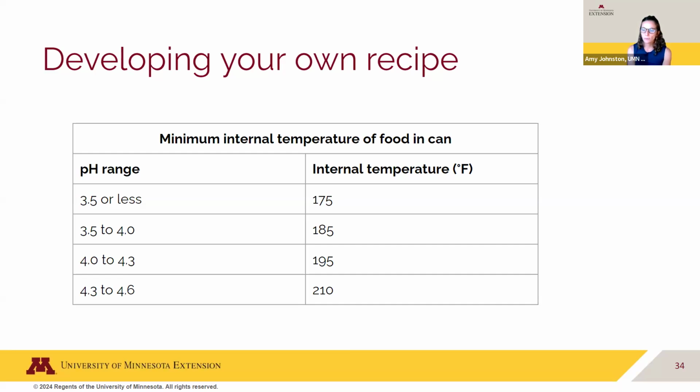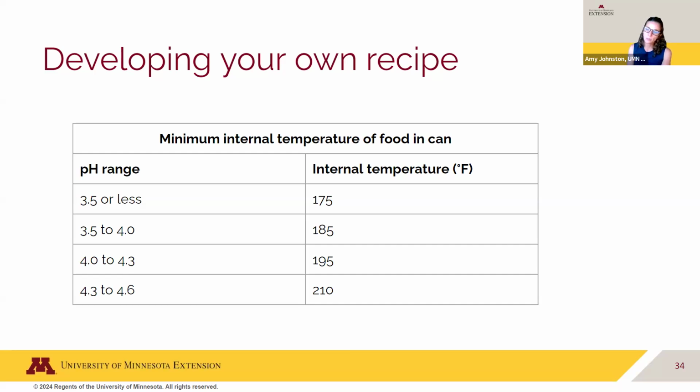For acidified foods that have a pH of 4.3 to 4.6, the internal temperature of all of the food and all of the liquid inside that jar needs to reach 210 degrees Fahrenheit for a specific period of time.